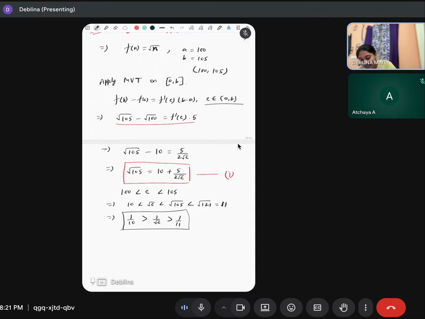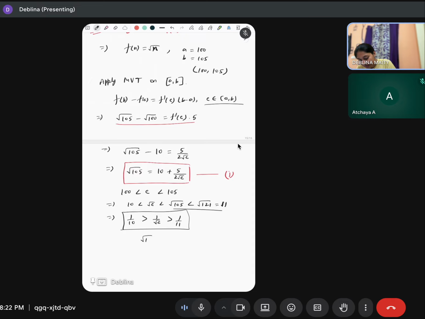But since the difference is very big, this is 105 and this is 121, this will give a crude result. So this bound will not be very good. So okay, let's find out the bound. If we use this in equation 1, then what will we get?